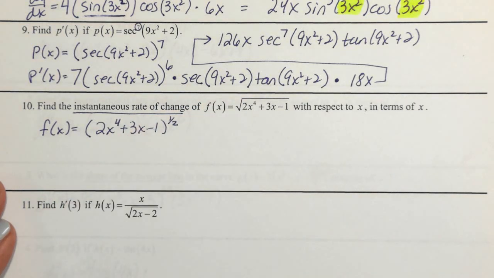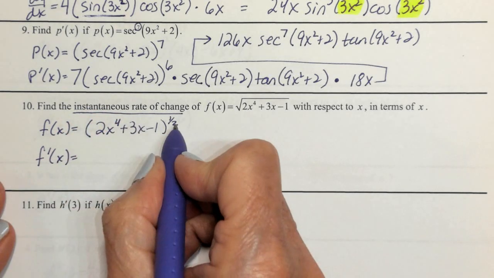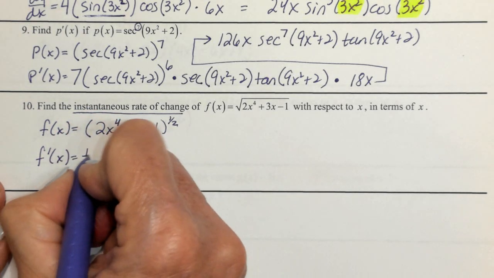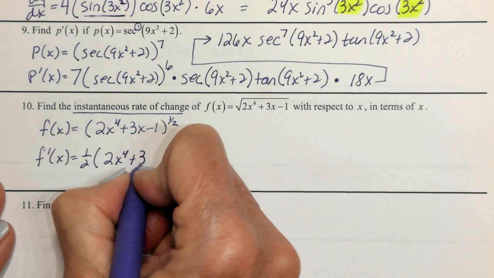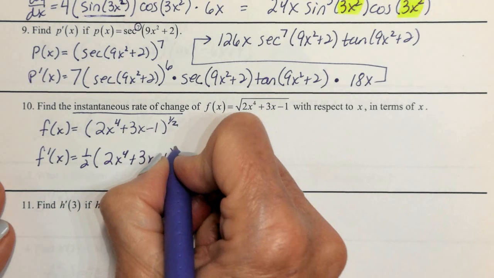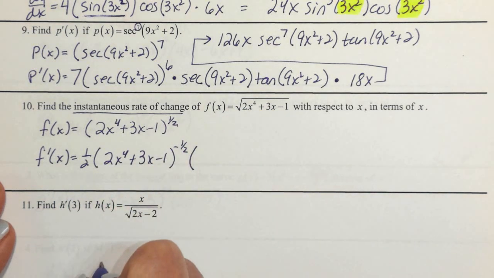So this is a power rule one. So 1/2 times the front. Keep your inside. Decrease your power by 1, and then multiply by the derivative of the inside.